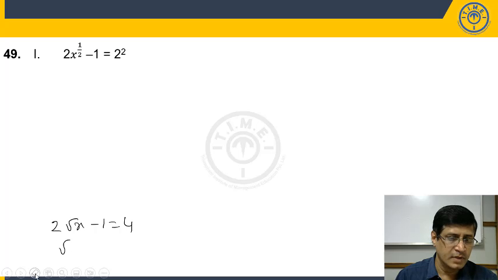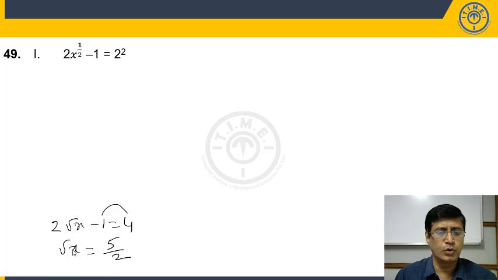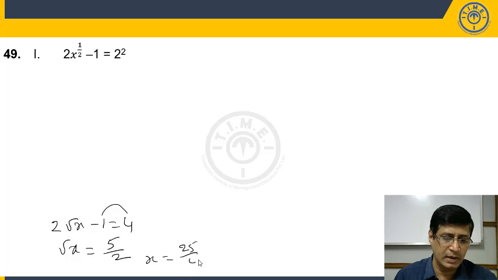Now here root x is equal to 4 plus 1, that is 5 by 2. 5 by 2 is the root x value, so now the value of x is the square of 5 by 2. That is 25 by 4. The value of x is 25 by 4.